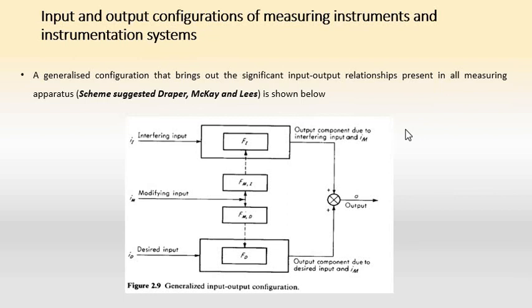So depending upon the type of system, the constants Fi and Ft may vary. If the system is a complex system, then Fi and Fd will be complex functions of input and output variables. So these are all the Ft, Fi and Fd.